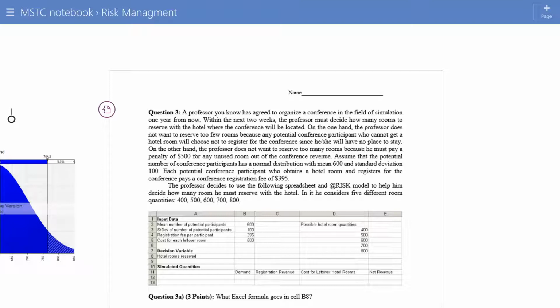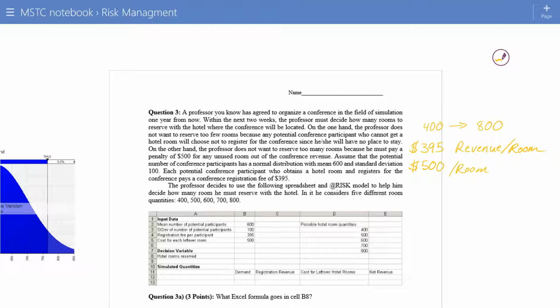The general rule is he can order anywhere from 400 to 800 different rooms, and he charges guests $395 per room, that's revenue per room. And for any unsold rooms, he has to pay a penalty of $500 per room.